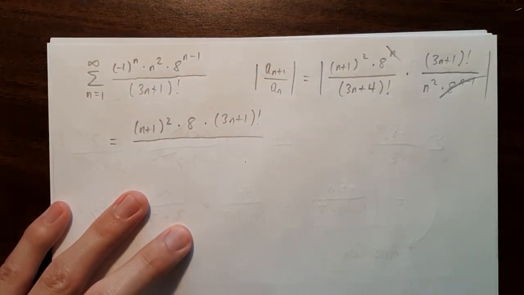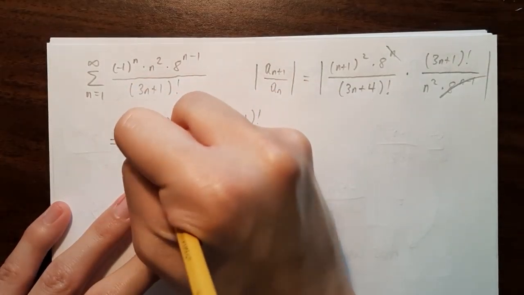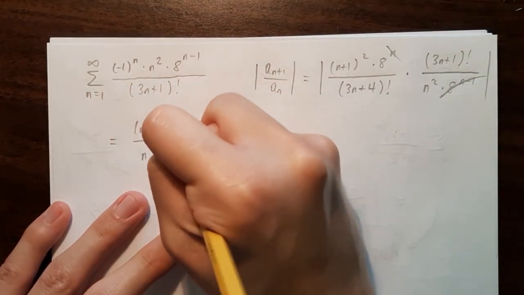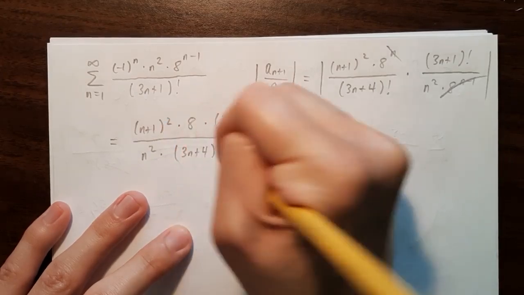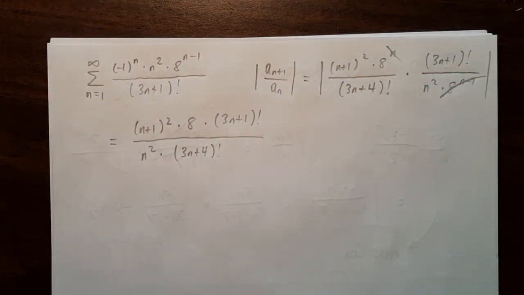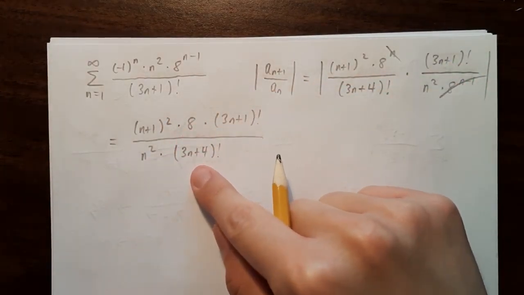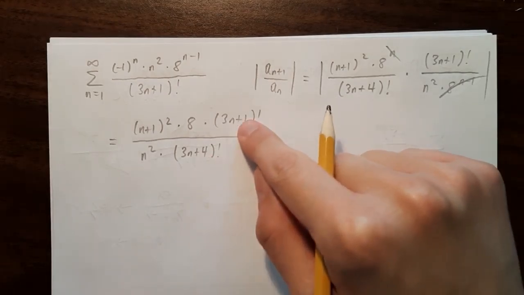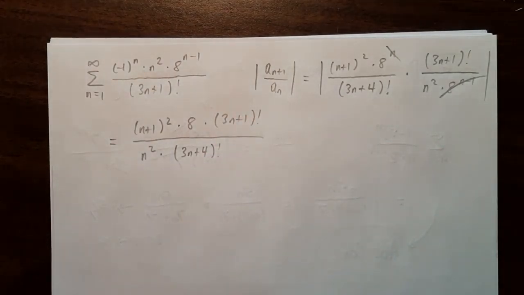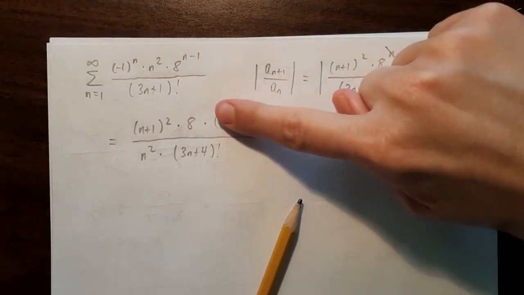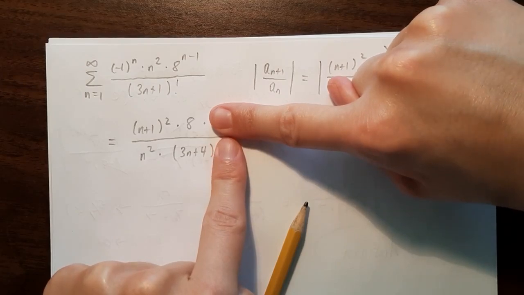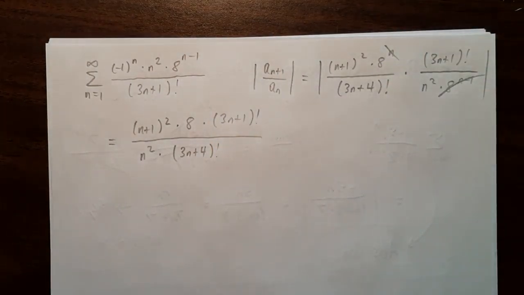And down below, let me put the n squared on the left-hand side this time, and we have 3n plus 4 factorial. All right, so I think we all have a vague sense that this should cancel with that, but it's not entirely clear how, perhaps. Can I just do what I did before and just cancel that one away and get rid of the factorial there? Is that going to work or not?